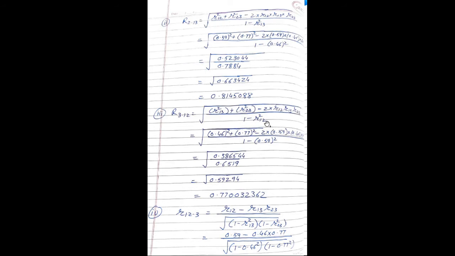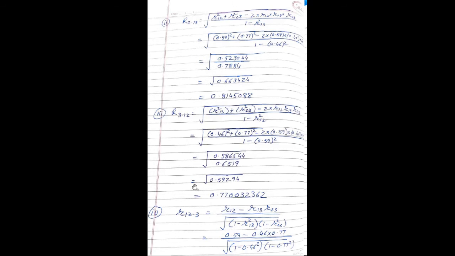So if we substitute the values, R 3.12 is equal to square root of 0.46 square plus 0.77 square minus 2 into 0.59 into 0.46 into 0.77 divided by 1 minus 0.59 square, which is equal to square root of 0.386544 divided by 0.6519.